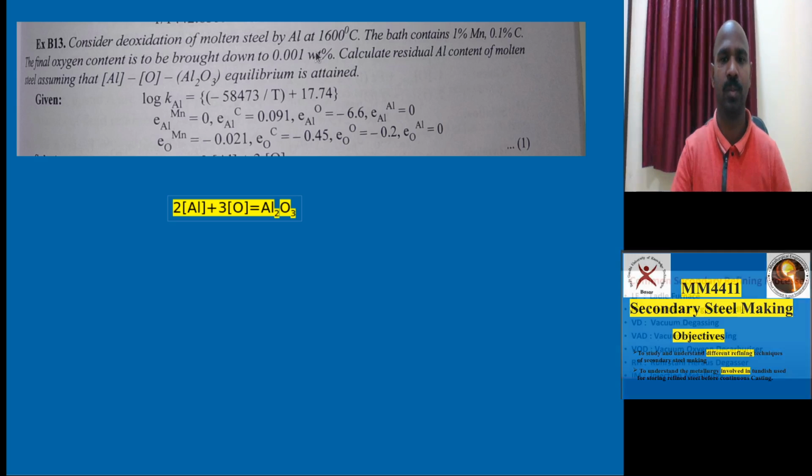Everything is in weight percentage and the remaining is iron. The aluminium addition was done by solid strips or wires.